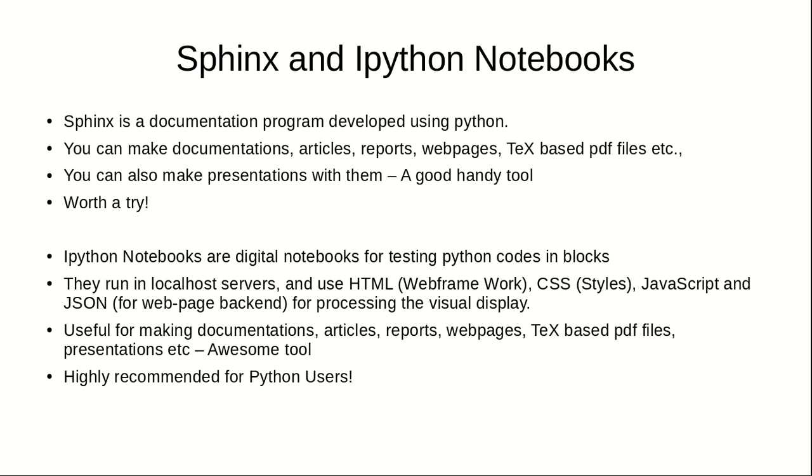Now, IPython notebooks run on local host servers, meaning you just invoke a server from which you can make it run. And they use HTML, CSS, JavaScript, and JSON for displaying the code in a proper manner. HTML is used for giving a web framework, CSS is used for making the styles, and JSON and JavaScript are used for web page backend programming.